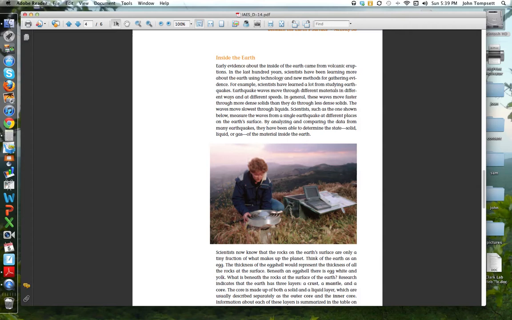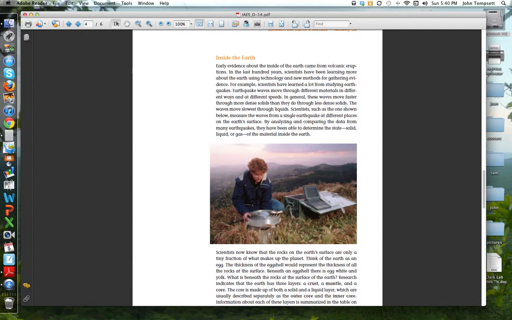In general, these waves move faster through more dense solids than they do through less dense solids. The waves move slowest through liquids. Scientists, such as the one shown below, measure the waves from a single earthquake at different places on the Earth's surface. By analyzing and comparing the data from many earthquakes, they have been able to determine the state, solid, liquid, or gas, of the material inside of the Earth.